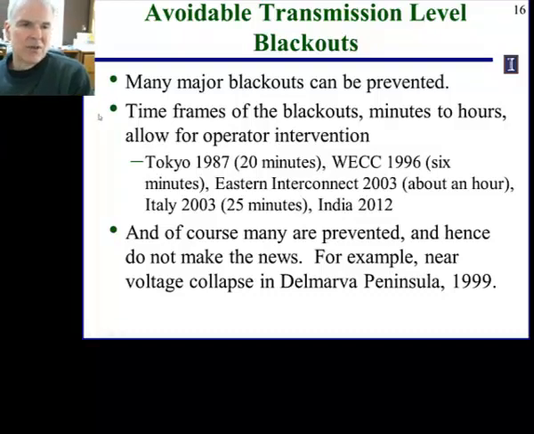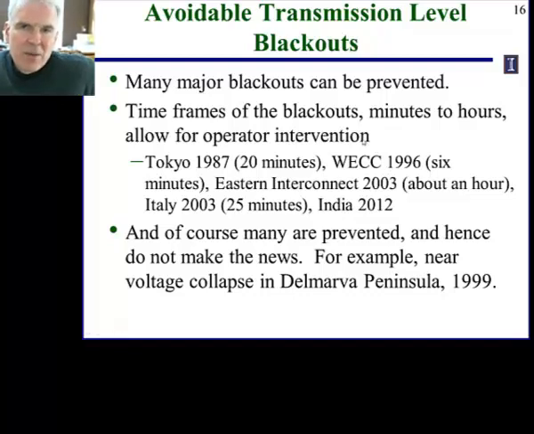Several examples of these: there was a blackout in Tokyo in 1987 where the time frame from where something went wrong to the final blackout was 20 minutes. In the North American Western System, the WECC, in 1996, they had about 6 minutes of warning that something was going on. In the Eastern Interconnect blackout on August 14, 2003, the duration of the event was over an hour.